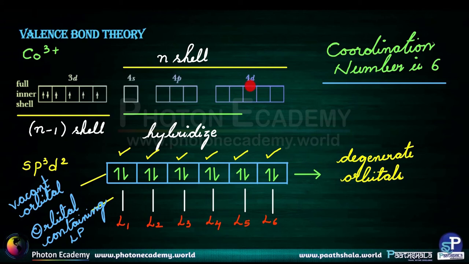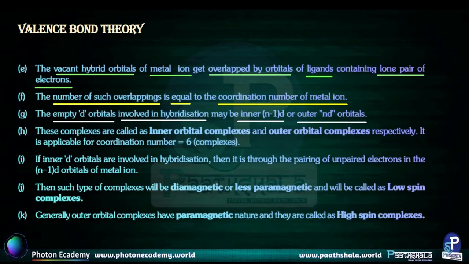If the d orbitals of the n shell are involved in hybridization, we call them the outer nd orbitals. These complexes are called inner orbital complexes and outer orbital complexes respectively. It is applicable for the complexes having the coordination number 6.